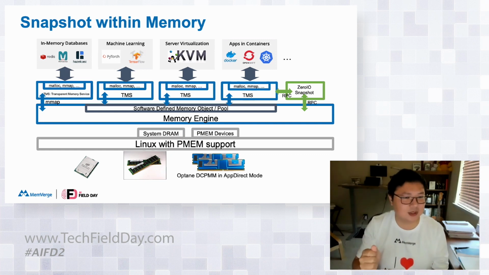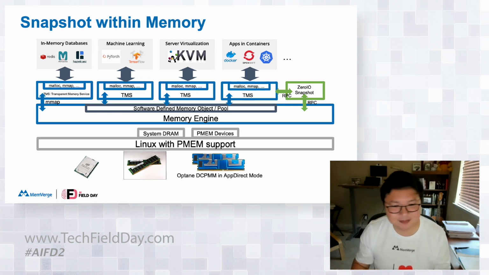Then it sends another RPC to our memory engine, asking it to use our snapshot algorithm to snapshot the memory objects backing those memory locations. We have an internal implementation of the snapshot, which I'll cover next, to support incremental snapshots.